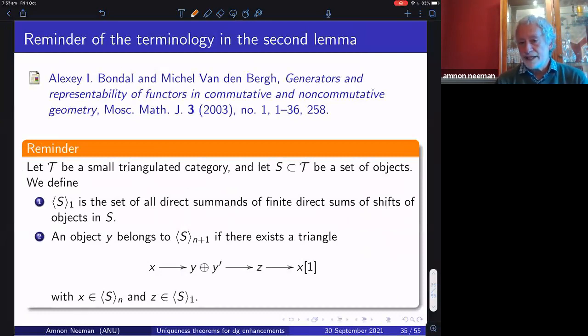If you take any triangulated category and any set of objects S, you declare S1 to be the set of all direct summands of all finite direct sums of shifts of objects in S. In other words, you take the objects of S, you allow yourself to shift them as much as you want, form finite direct sums as freely as you want, and form direct summands.